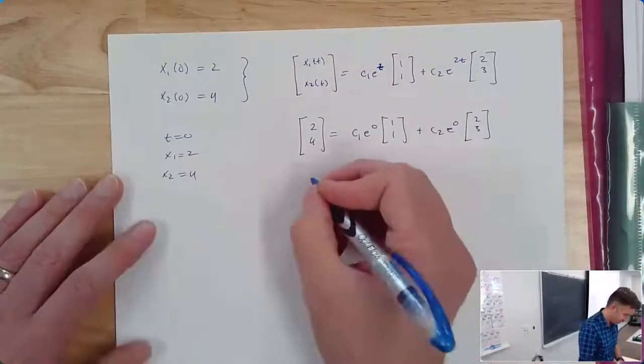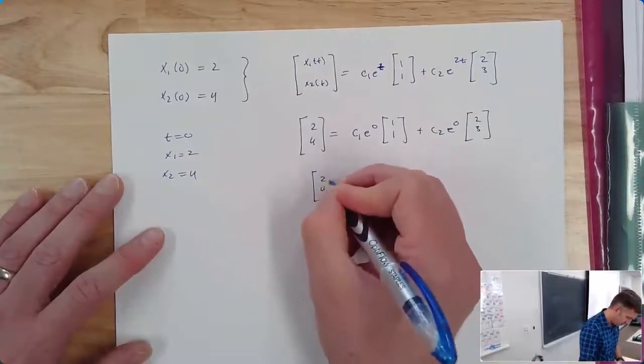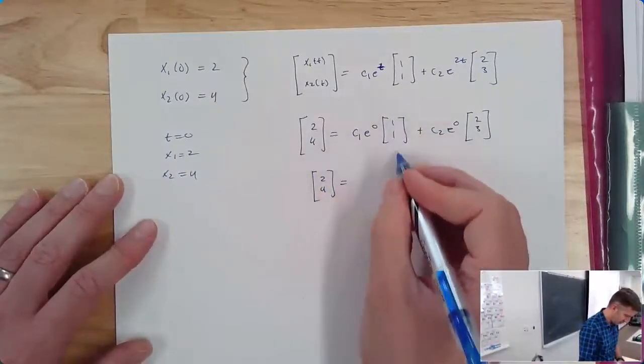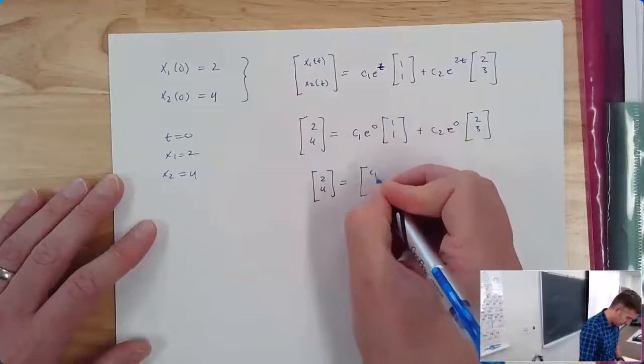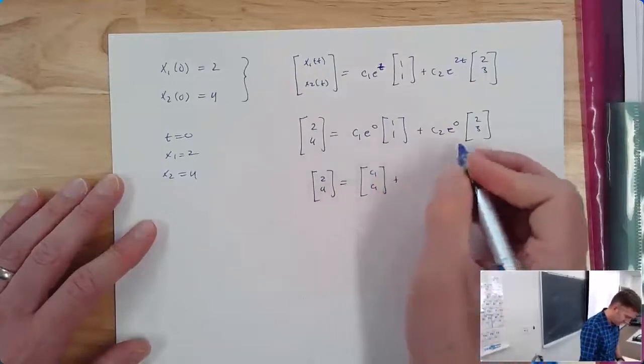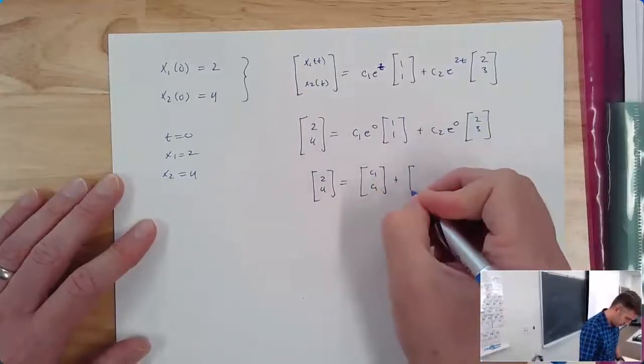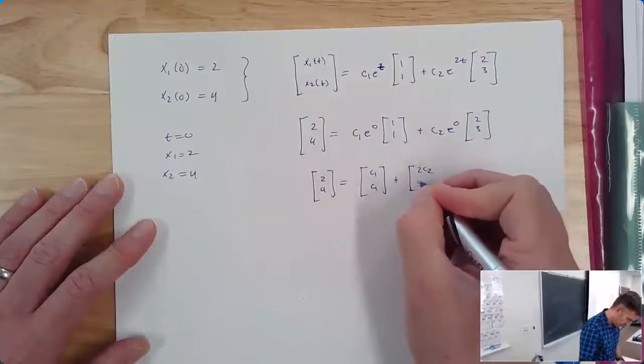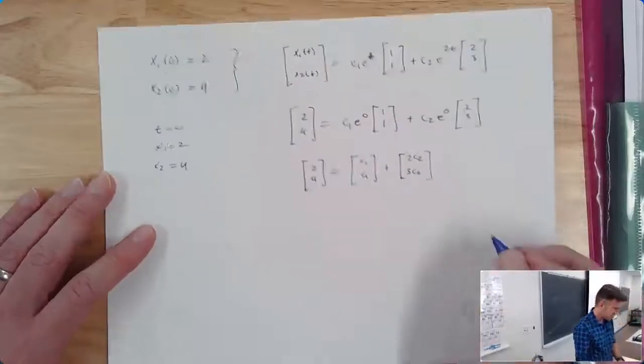Or more compactly, 2, 4 is equal to c1, c1, and 2c2, 3c2.